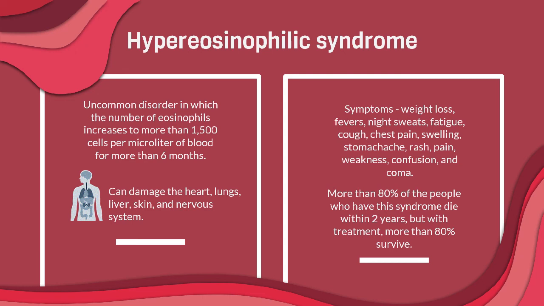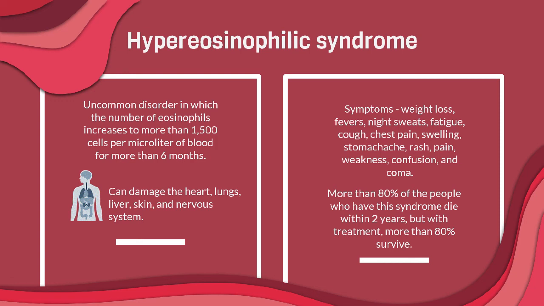Hypereosinophilic syndrome is an uncommon disorder in which the number of eosinophils increases to more than 1,500 cells per microliter of blood for more than 6 months without an obvious cause. Some people have a rare chromosome disease. People of any age can develop hypereosinophilic syndrome, but it is more common in men older than 50.